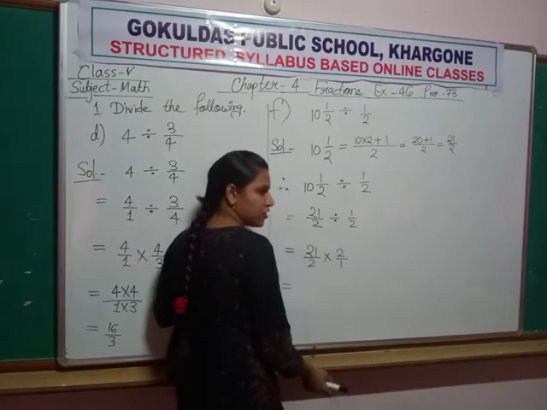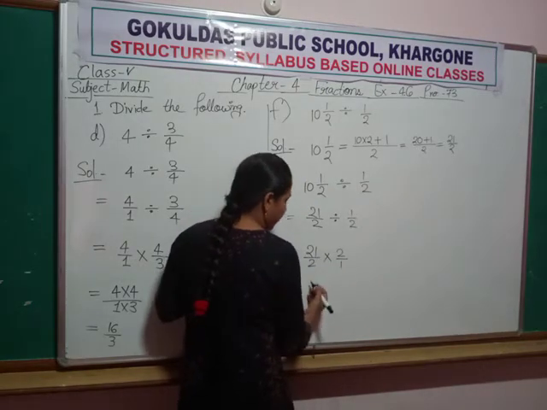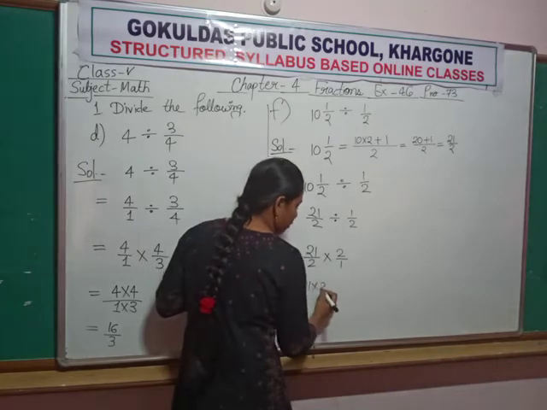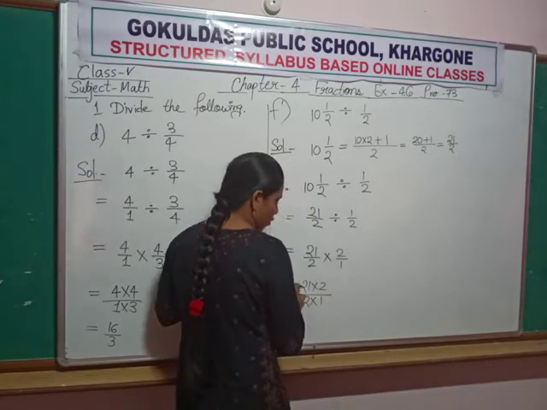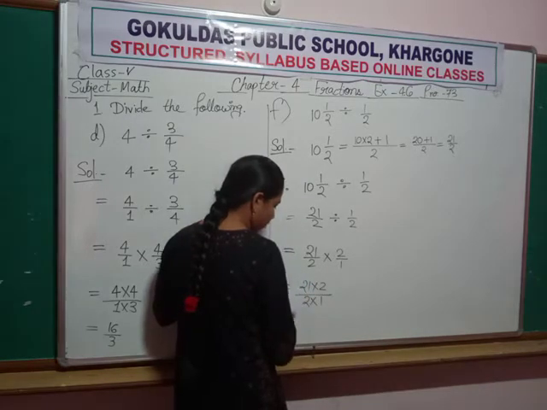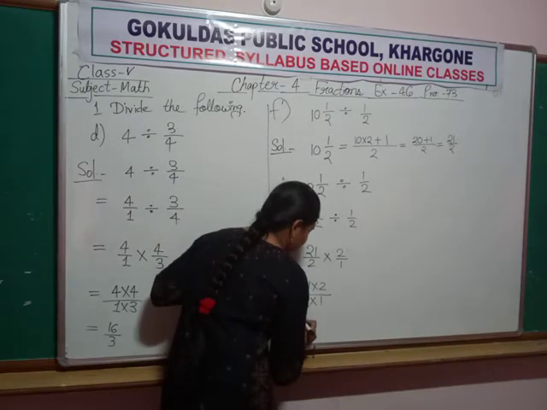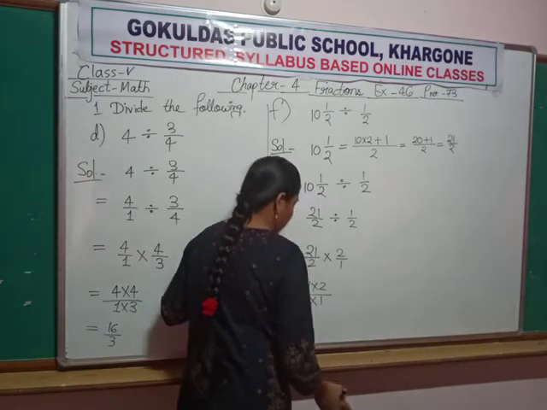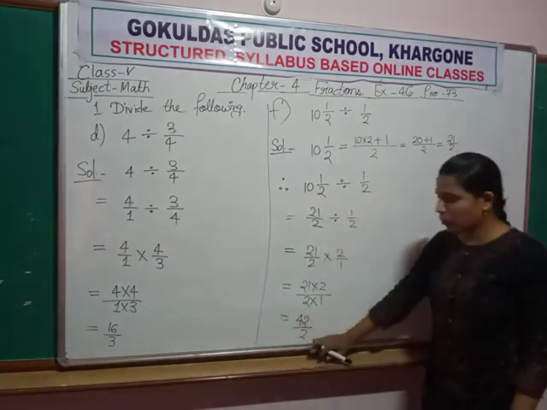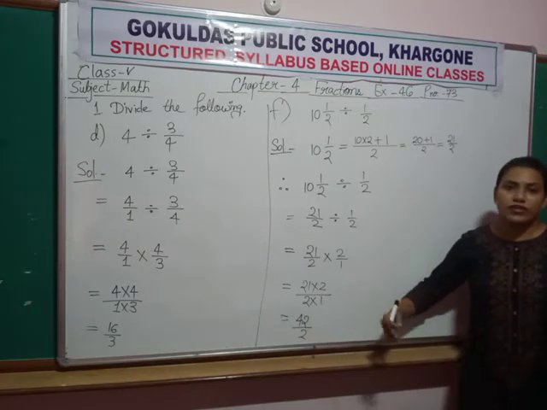Now we have two fractions to multiply. So multiply numerator with numerator upon denominator with denominator. Now 21 into 2 is 42 upon 2 into 1 is 2. Now this 42 upon 2 can be reduced to its lowest form.